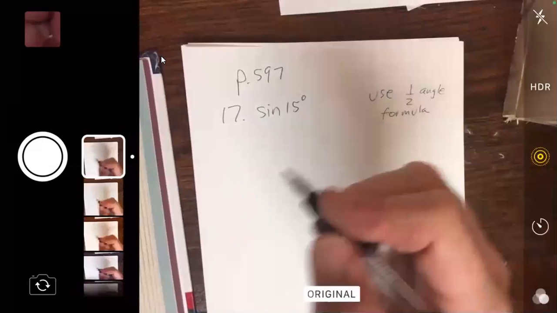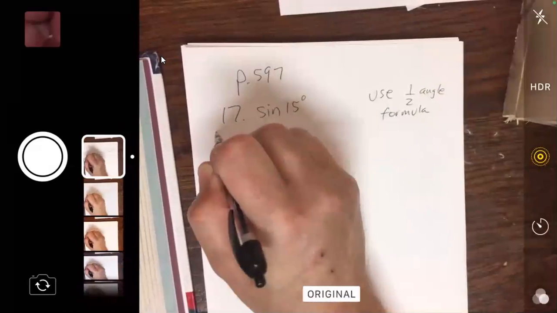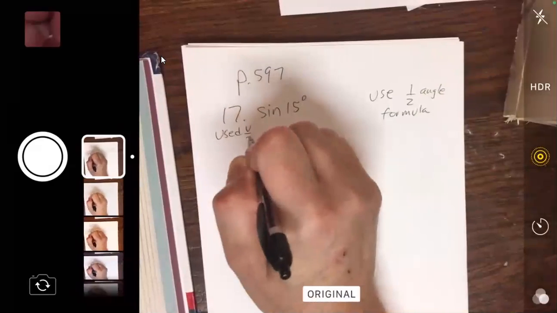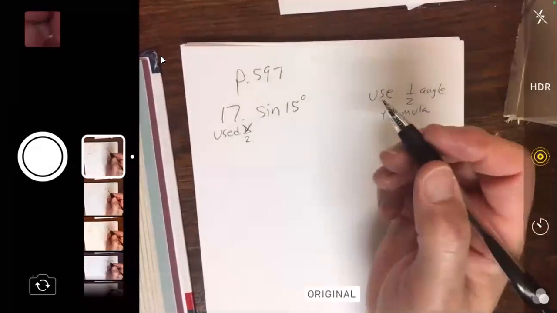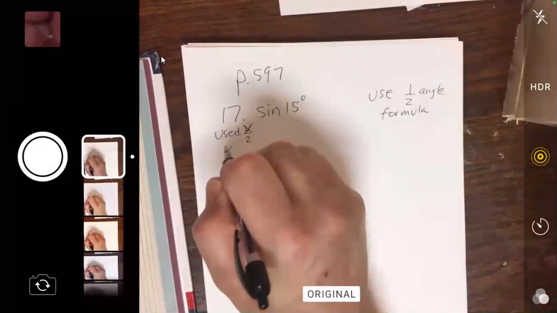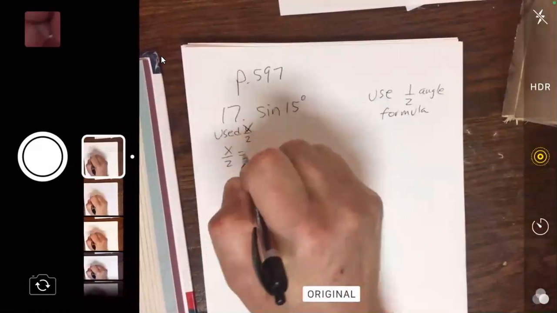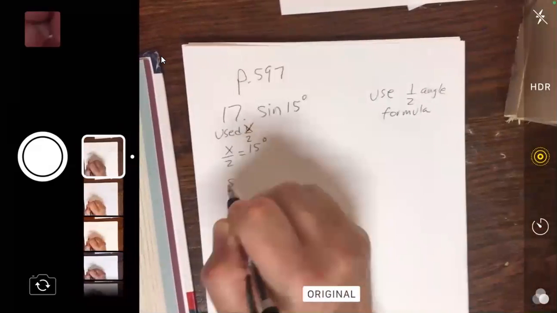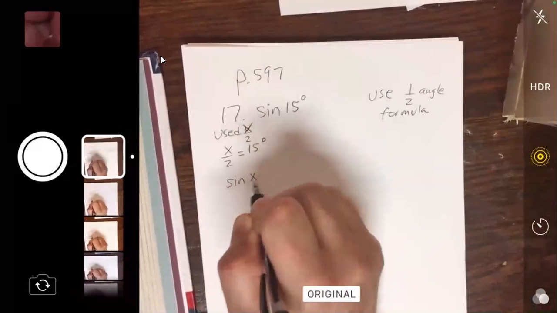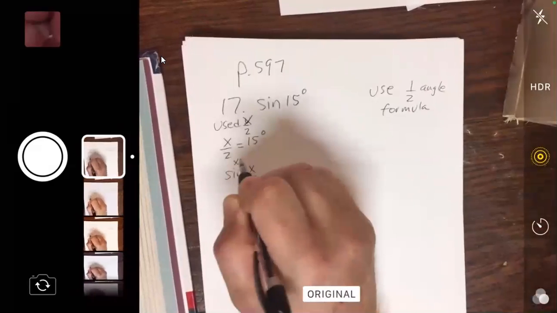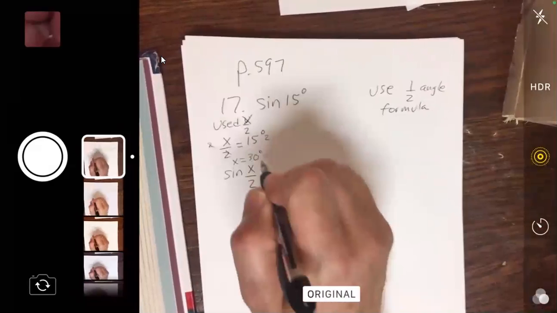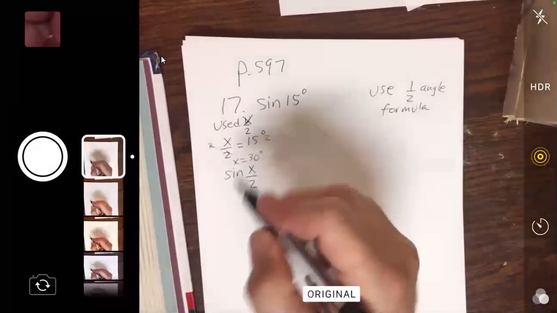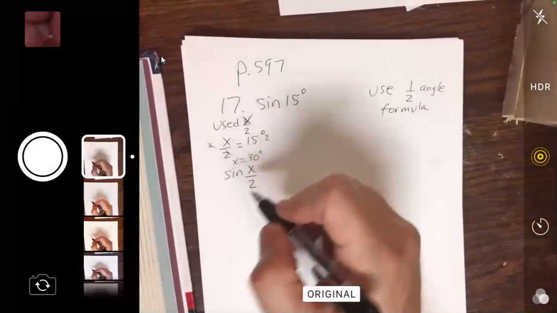All right, well, now remember you used u over 2, or we could use x over 2. Maybe I'll just use x over 2. Meaning x over 2 would be 15 degrees. So this is like matching to sine of x over 2. X then is going to be 30 degrees, because if you multiply both sides by 2, you get 30 degrees. X itself is 30, so there is 30 degrees, and divided by 2 gives you 15 degrees here.